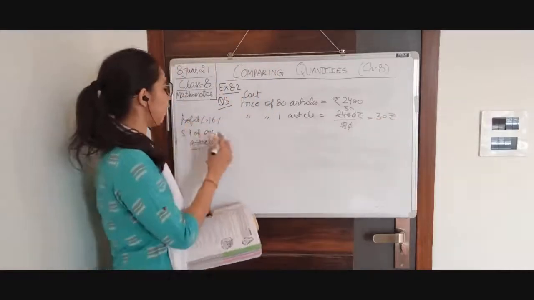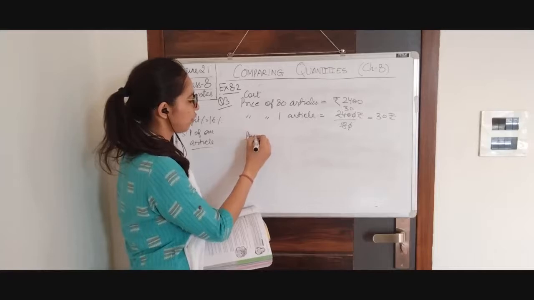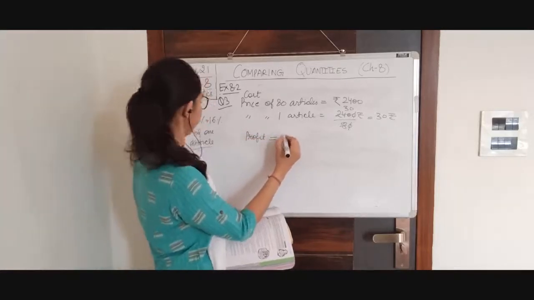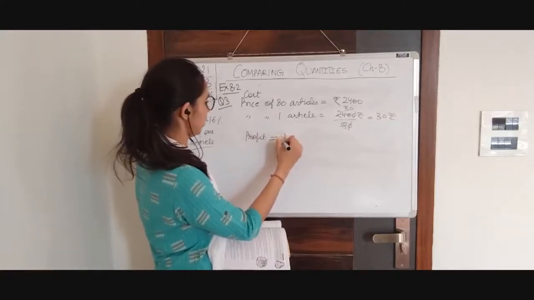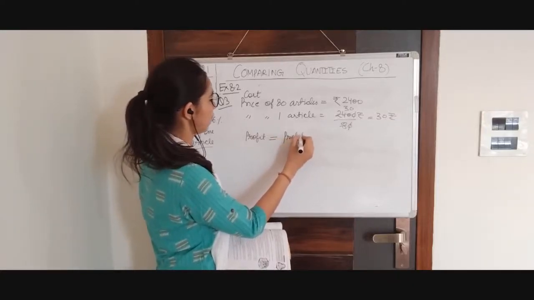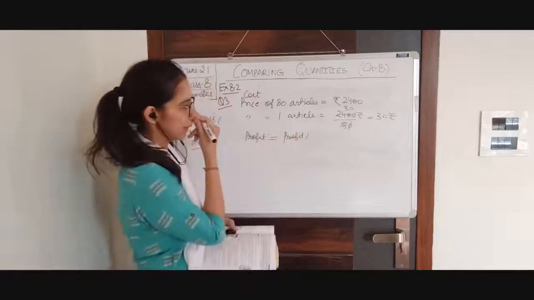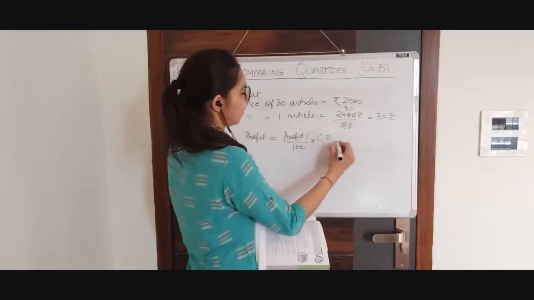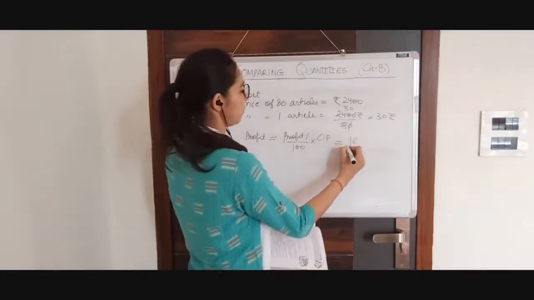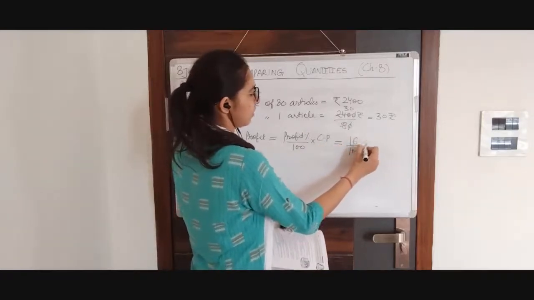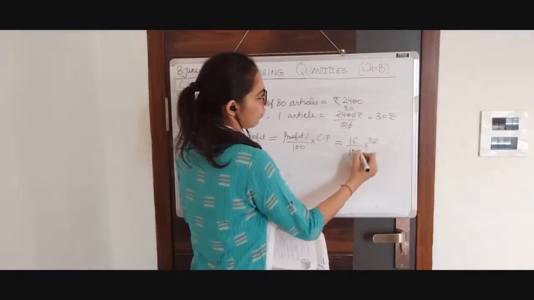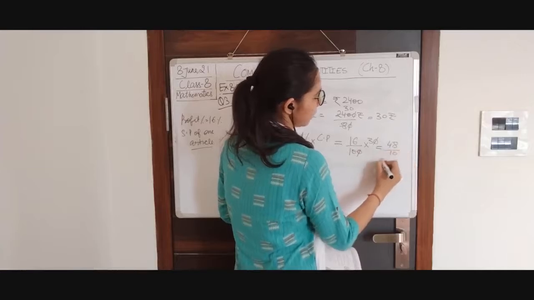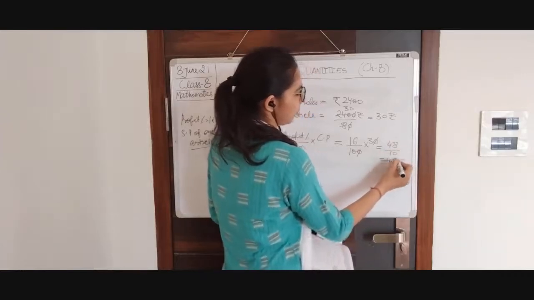Now profit percent is given. If profit percent is given, so profit will be profit percent divided by 100 into cost price. This will be equal to 16 divided by 100 into 30, that is 4.8 rupees.